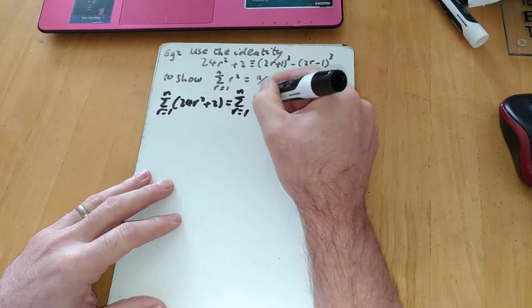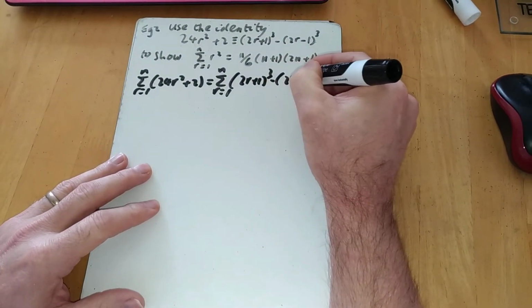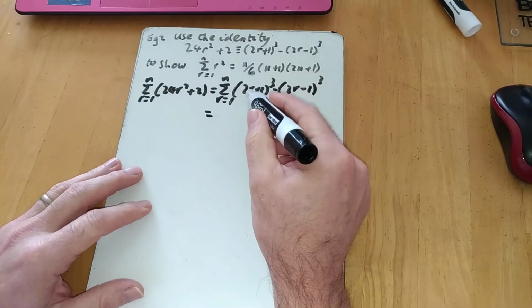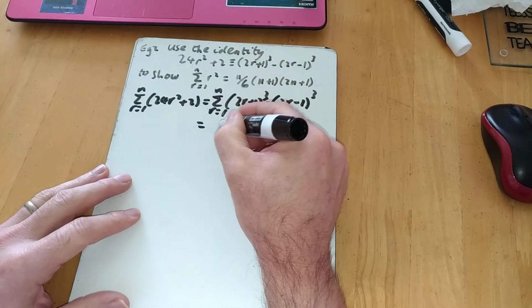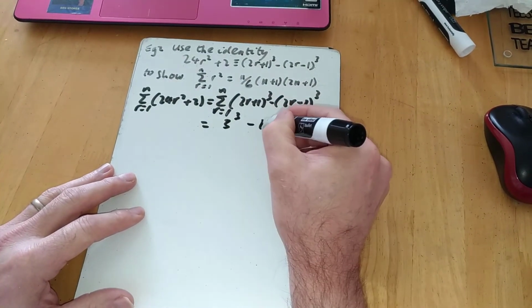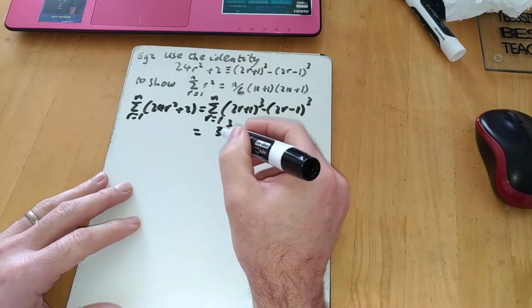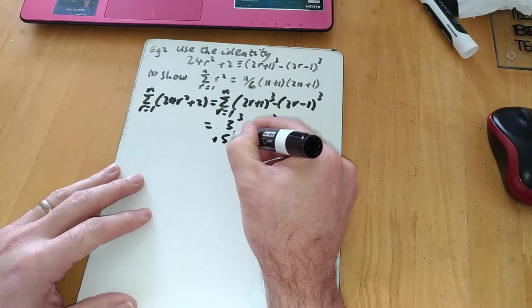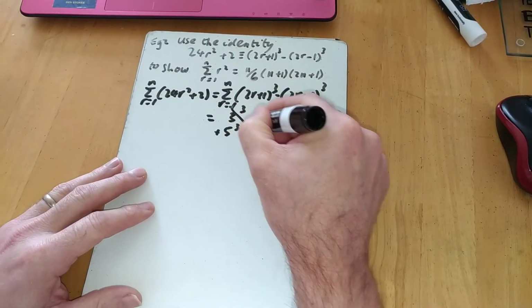sigma r equals 1 to n of 2r plus 1 all cubed minus 2r minus 1 all cubed, and stick in 1 and I get 2 plus 1, 3 cubed minus 1 cubed, stick in r equals 2, I get plus 5 cubed minus 3 cubed, and hey presto, we start cancelling out there.